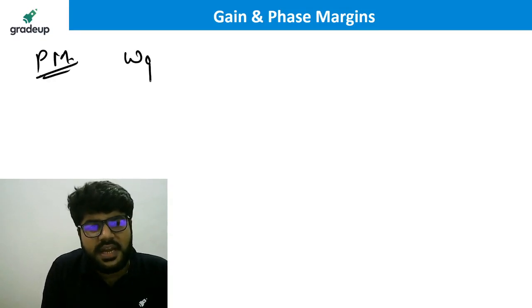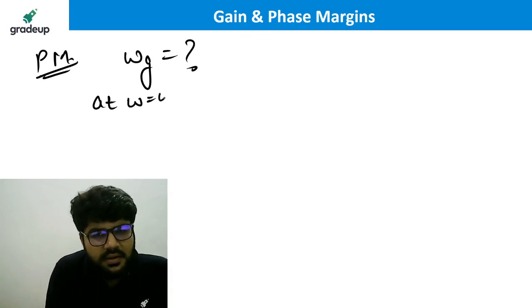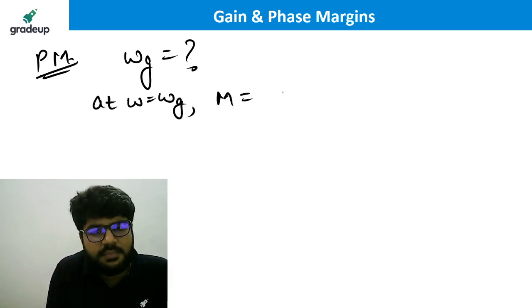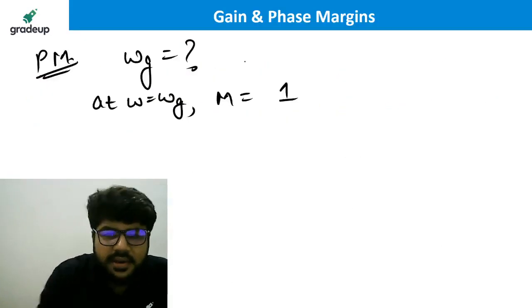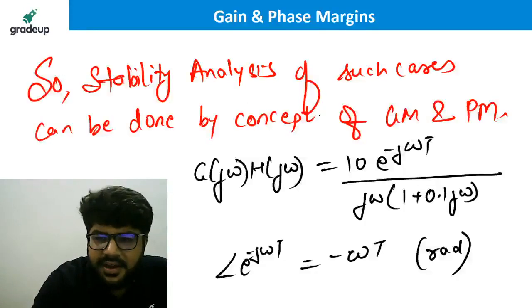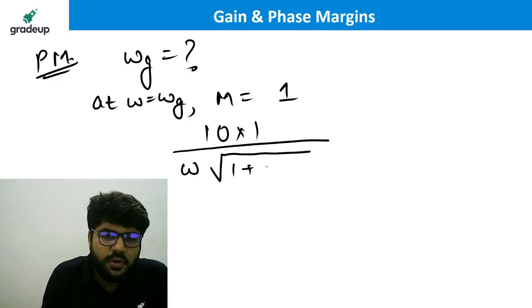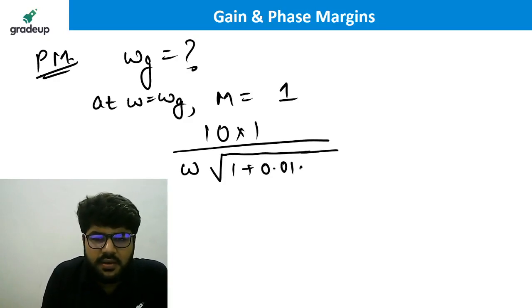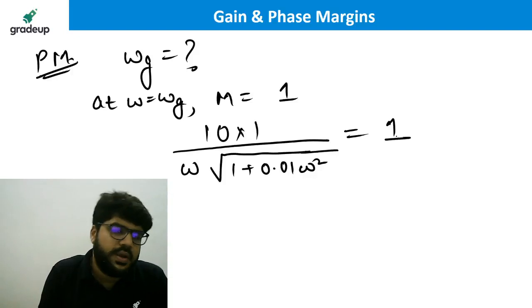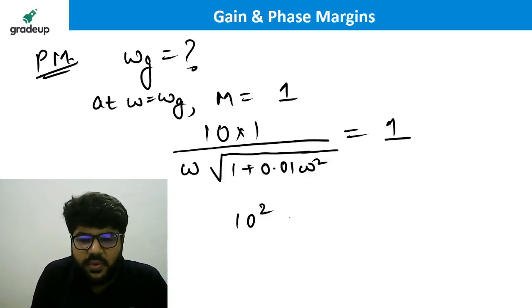For phase margin, I need omega g first. So, what is omega g? At omega equal to omega g, the magnitude is 1. So, take down the magnitude. That will be 10 times e power j theta magnitude 1, divided by j omega magnitude omega, times under root of 1 plus 0.01 omega square, equal to 1. Let us try to solve this. Let's square it: 10 square equals omega square times (1 plus 0.01 omega square).